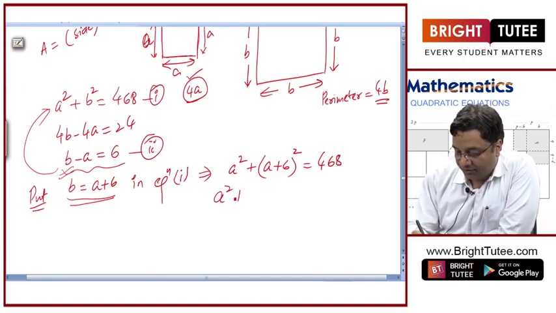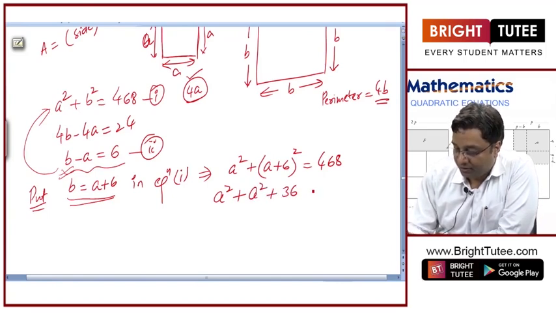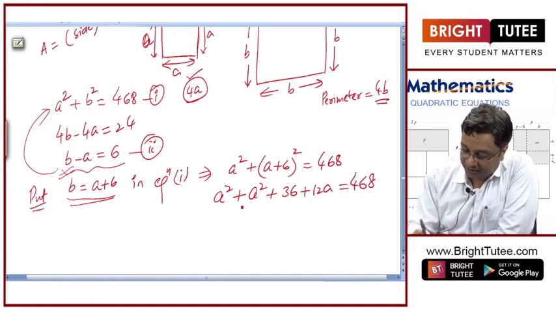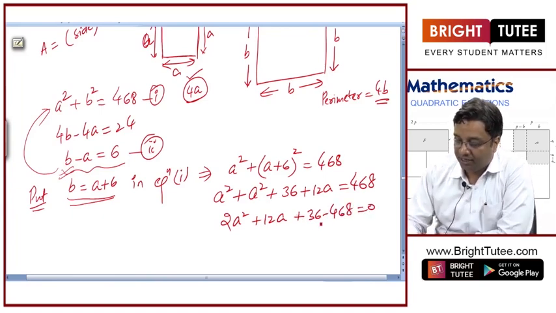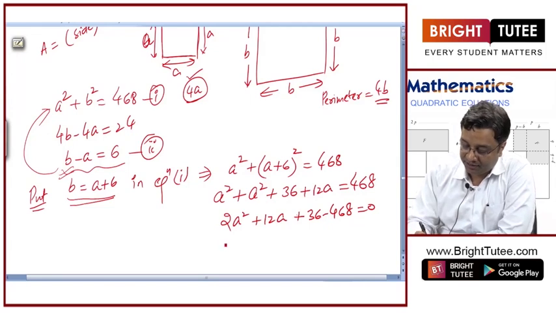Now the question will become a quadratic equation. It will be 2a squared plus 12a plus 36 minus 468 equal to 0. And what is 468 minus 36?